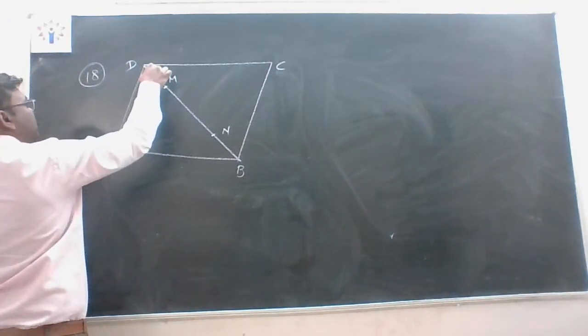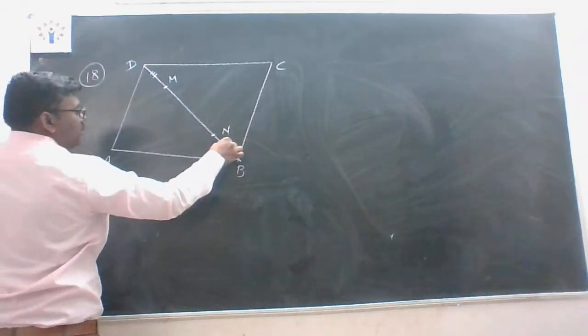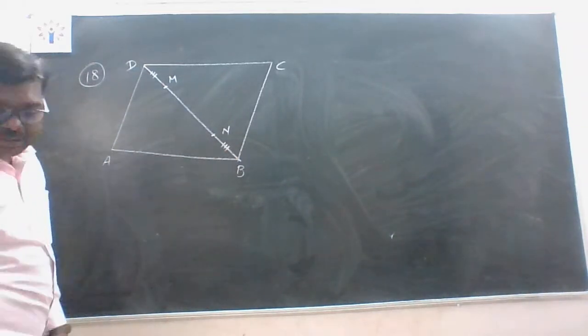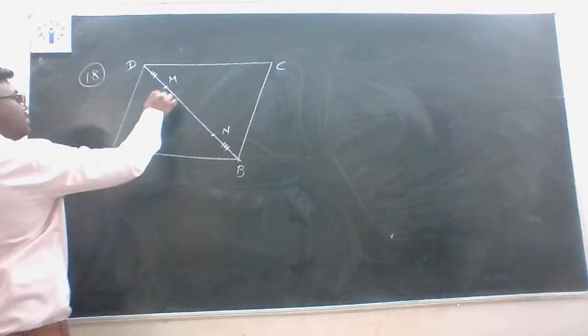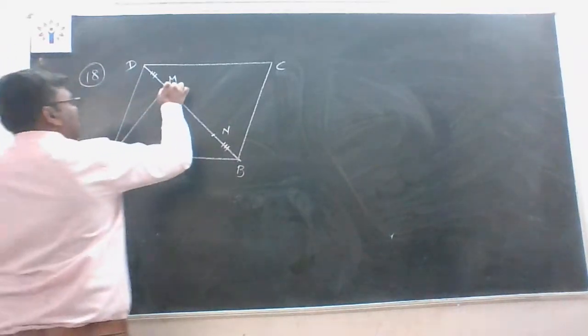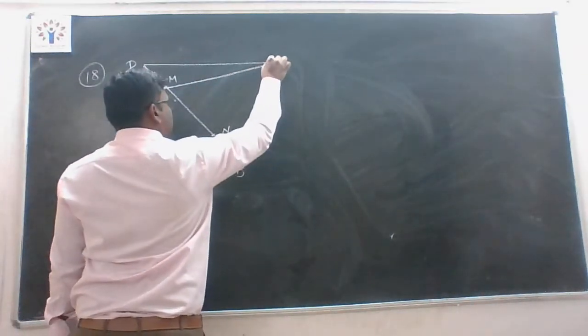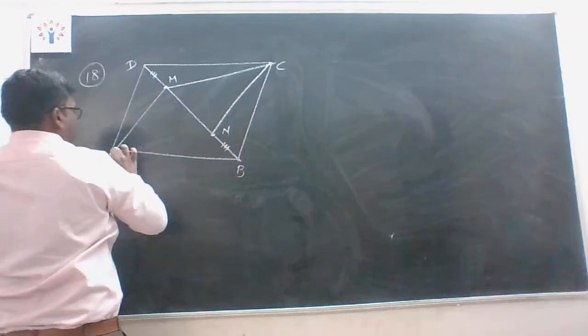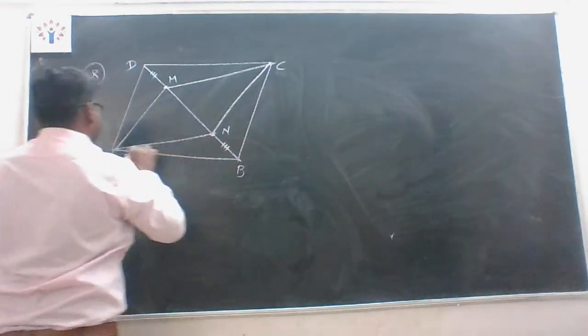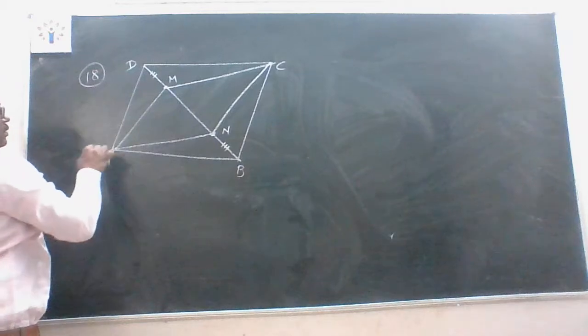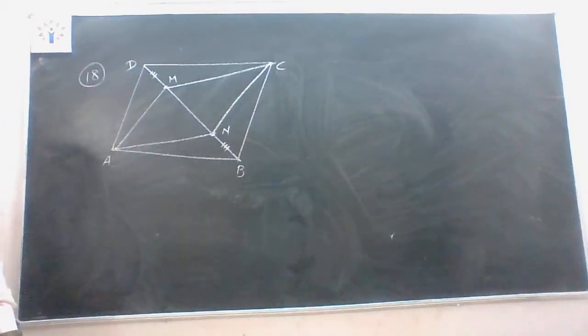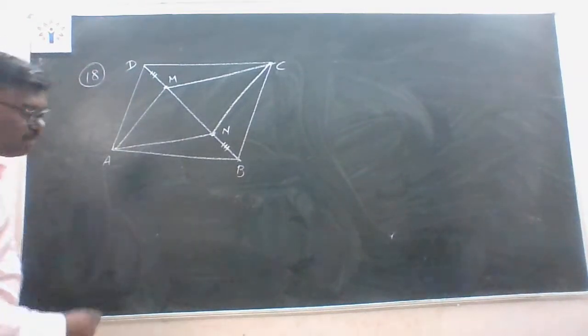This distance DM is equal to BN. Also, they have joined these points. So this is the given part of the question.